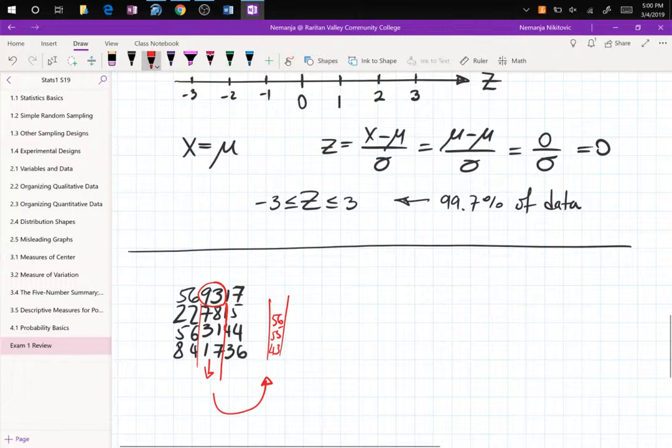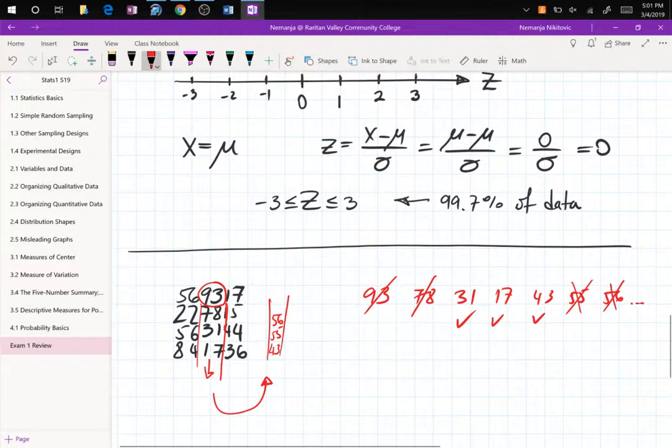And then if you need numbers that are less than 50, you would say 93 rejected, 78 rejected, 31 accepted, 17 accepted, 43 accepted, 55, since I need less than 50, rejected, 56 rejected. And that's all it is.